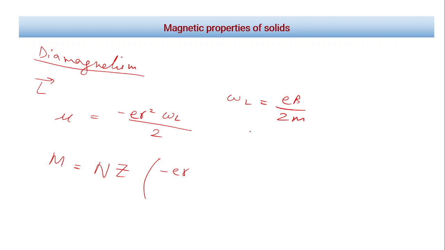And if we put this also, then it will be e squared r squared B by 6. So this will be the diamagnetic magnetization, which is present in every material.